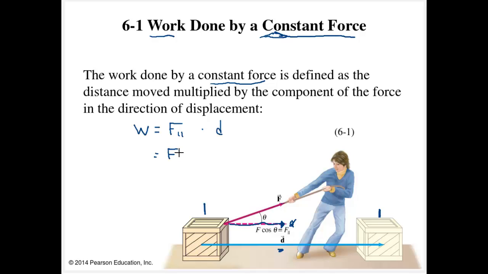This is going to be F multiplied by d multiplied by cosine of the angle in between them. I will make a quick note here that both F and d are both just magnitudes. The direction essentially has been lost by some more complicated math that is beyond the scope of this particular classroom. What that also says is work right here is not a vector, it is a scalar quantity.